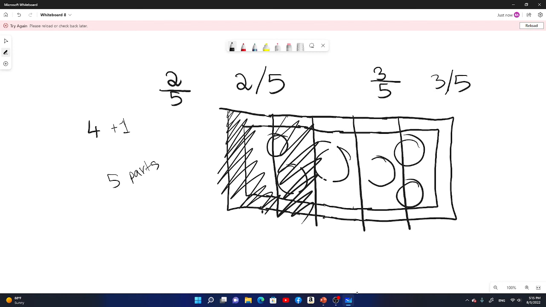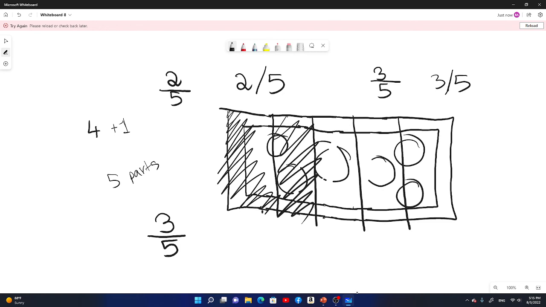Now, we have talked about something called numerator and denominator. So in this fraction, 3 out of 5, let's just take 3 out of 5 as an example. The top one is the numerator. It shows the number of parts.